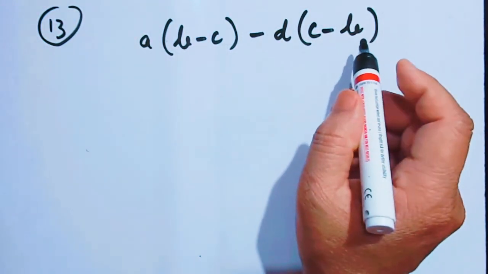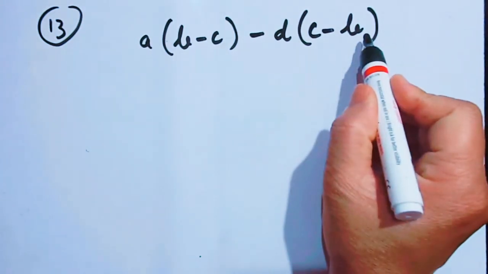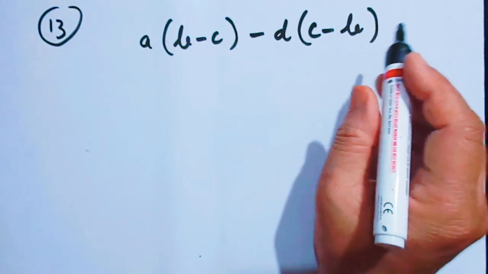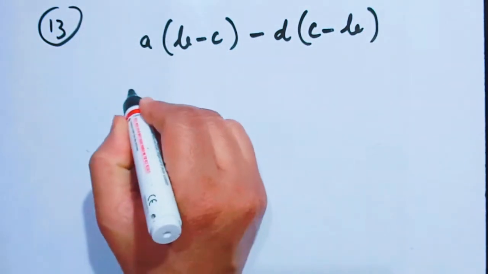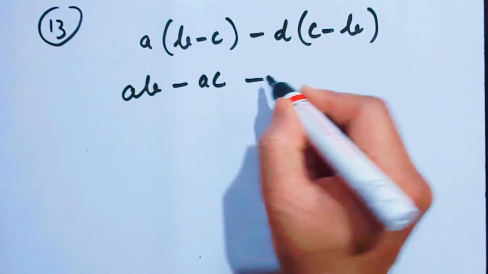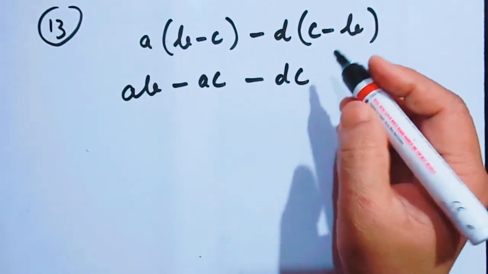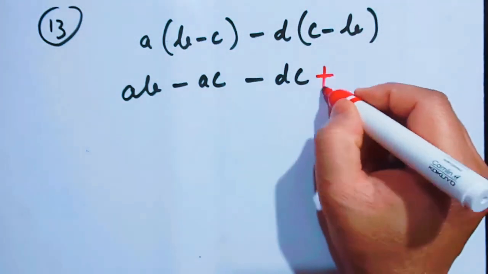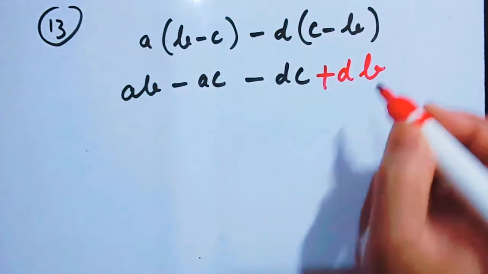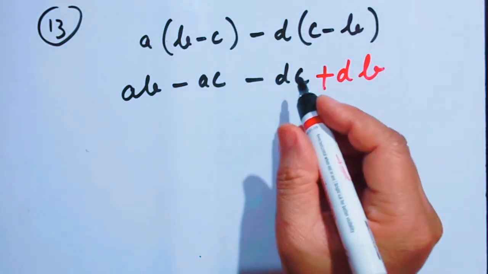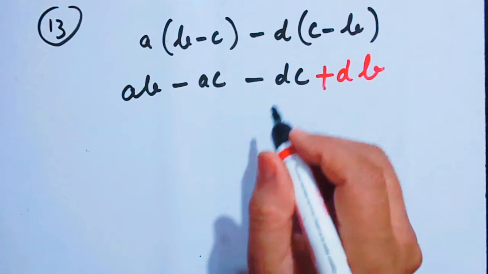This means until and unless we break this, we are not going to get 4 terms. So let us break it first. a into b is equal to ab minus ac minus dc minus into minus plus db. So these are the little things which you need to concentrate on. Okay, clear?